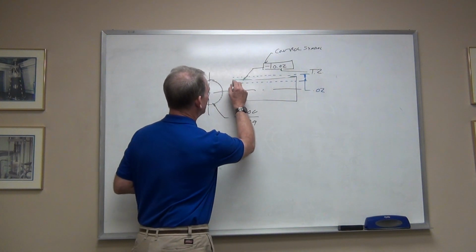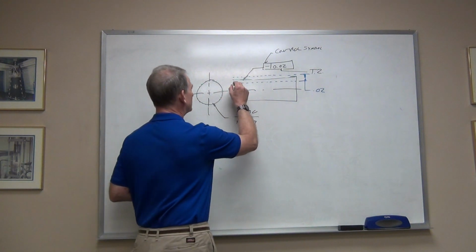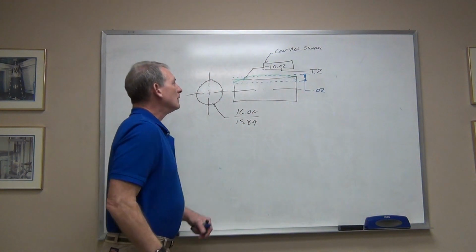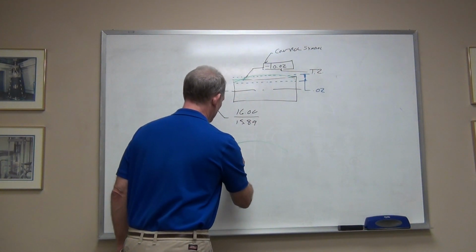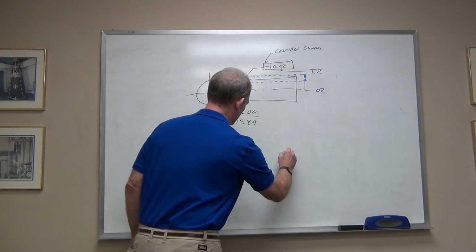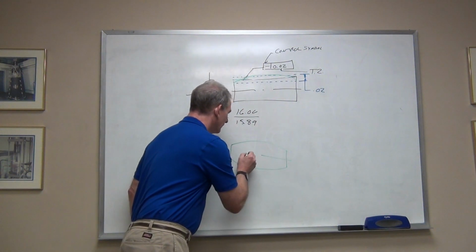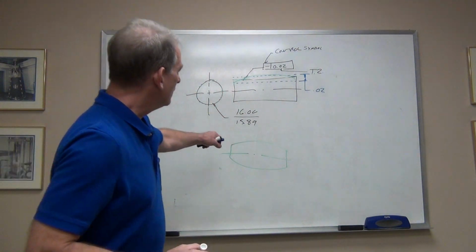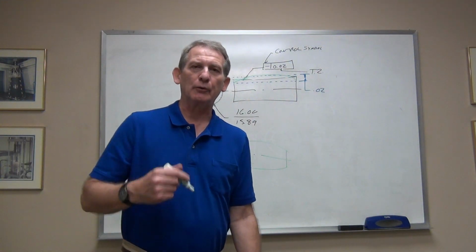So if this surface, instead of being straight as it's drawn, actually looks like this, and we end up with a part that looks like sort of a barrel shape, as far as the straightness is concerned, these surface elements are straight enough.